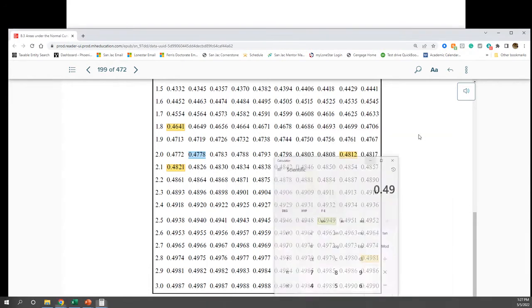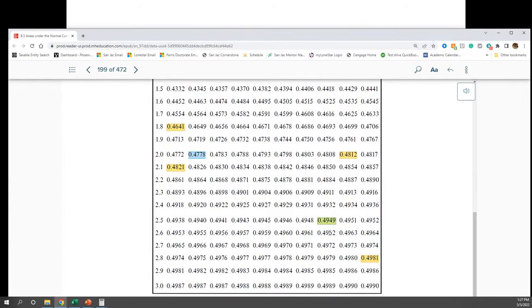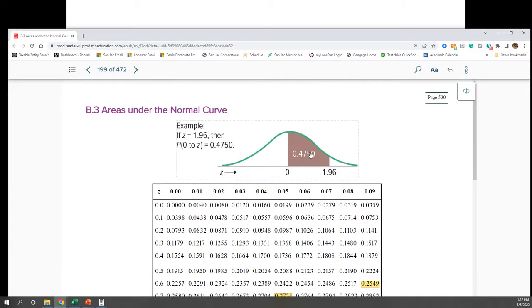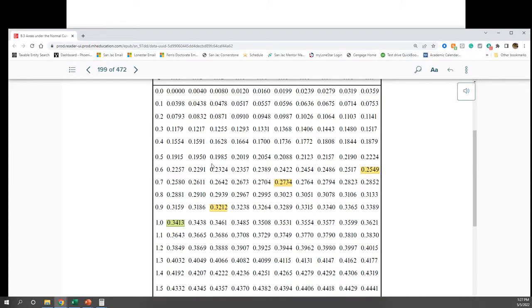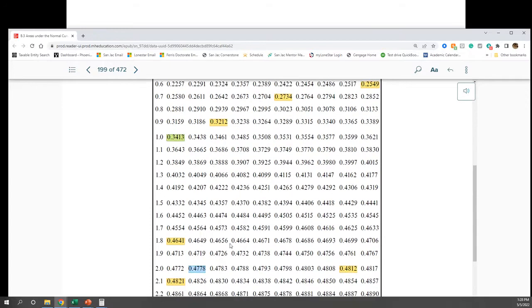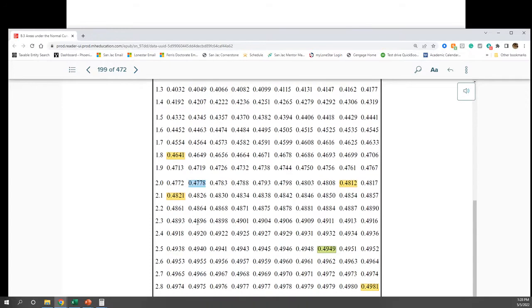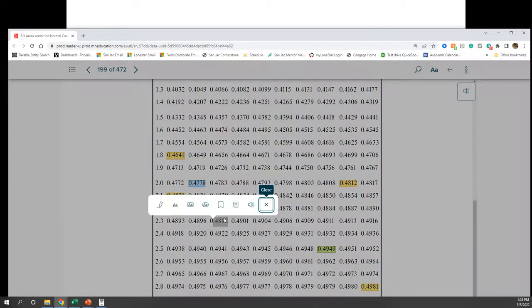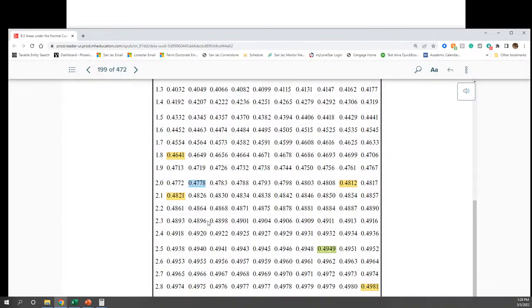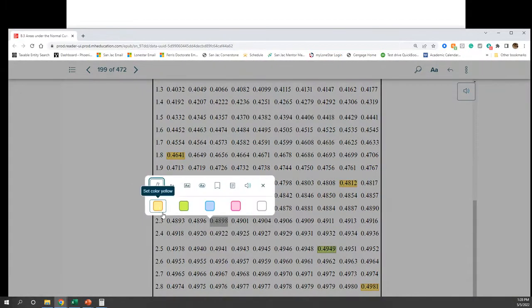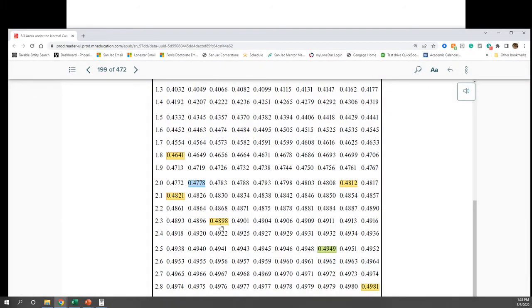All right guys, the book decided not to divide by 2 on this. They're actually doing 0.01 as the significance level, and they're going to subtract that. To do less confusion, we're going to go ahead and do that. So we take 0.5 minus 0.01, which gives us 0.49, and the closest value below 0.49 is 0.4898.